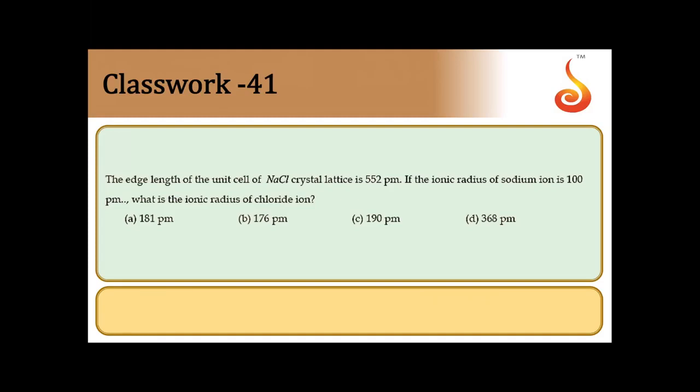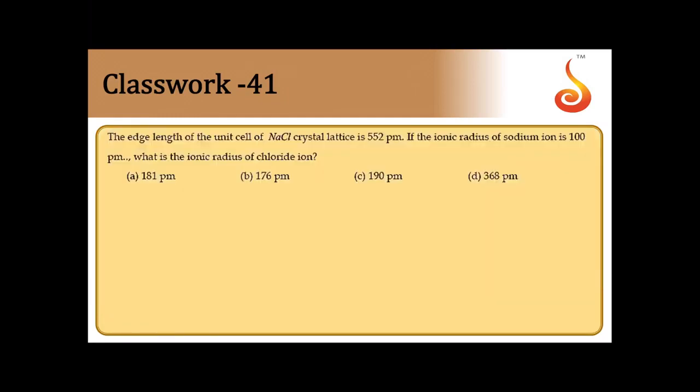41st. The edge length of the unit cell of NaCl is 552 pm and the ionic radius of sodium is 100 pm. What is the ionic radius of the chloride ion? When you take NaCl in a face centered arrangement, we have one atom here, one here and one here. One of them will be an anion, the other a cation.